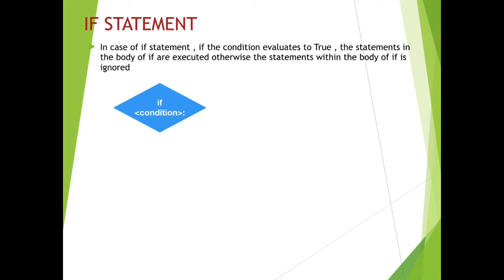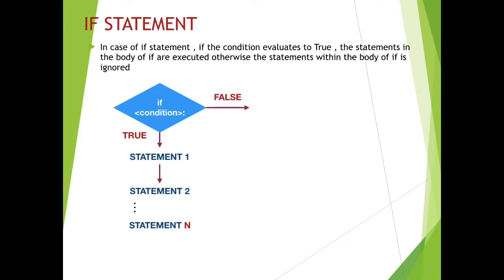The condition may be true and the condition may be false. If the condition is true, then certain set of statements are executed, and if the condition evaluates to false, then the body of the if condition, that means whatever is written within the block of if, will be ignored by the Python interpreter.